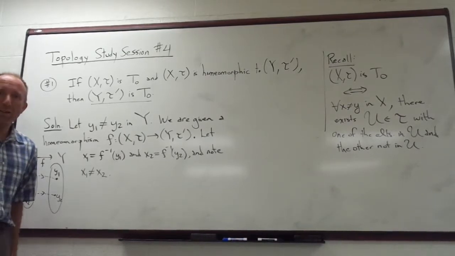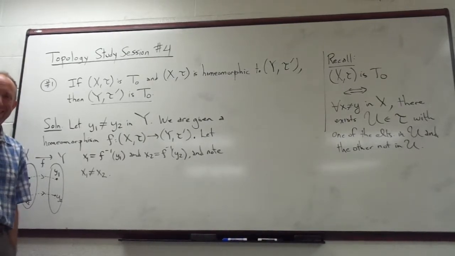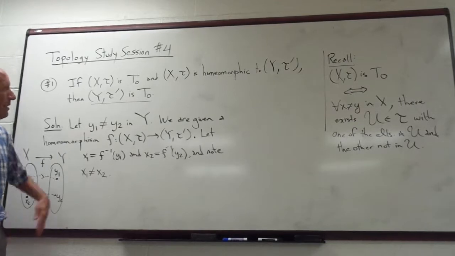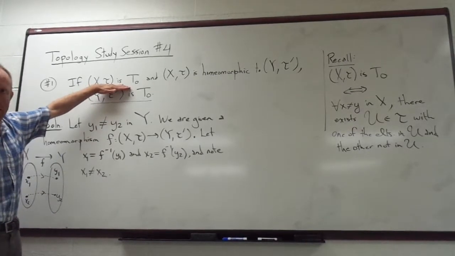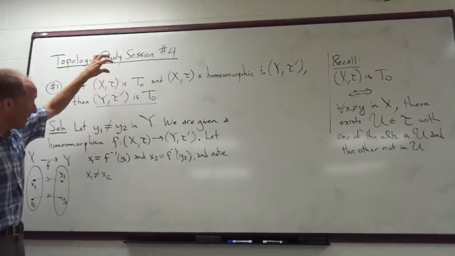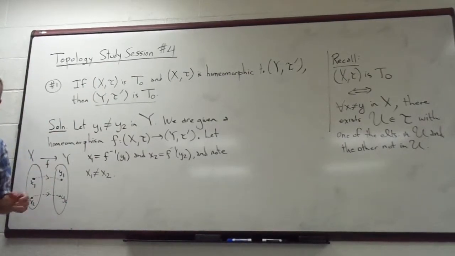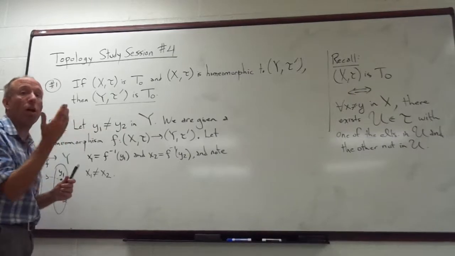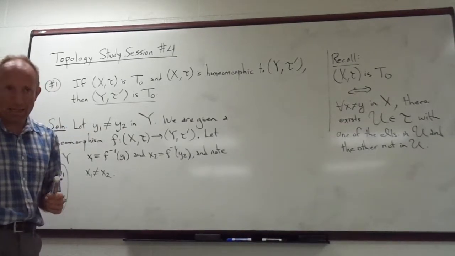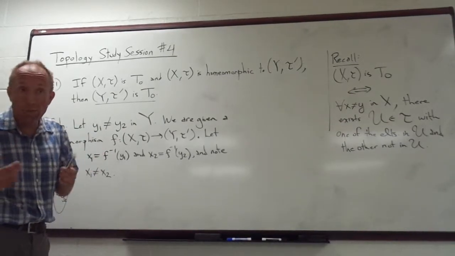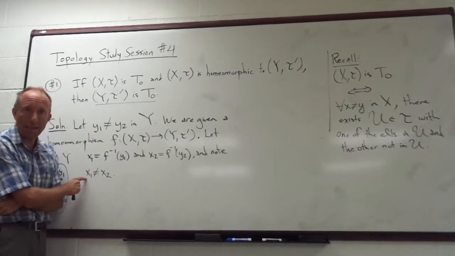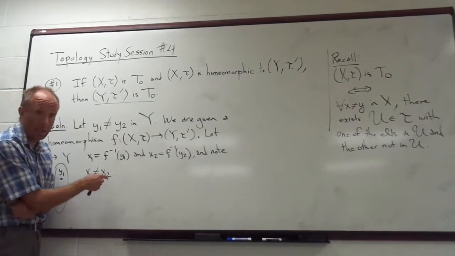Okay, now what should I do next? So you're going to use the assumption T0 in the (X, tau). Exactly. The original space is T0. So if I have two different points, then we already know that there exists a neighborhood of one of them that does not contain the other. And without loss of generality, we can assume that that neighborhood contains x1 but not x2.